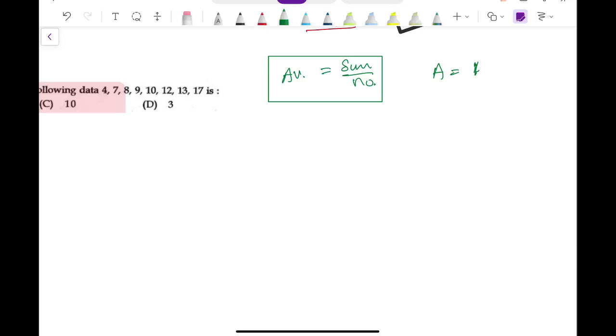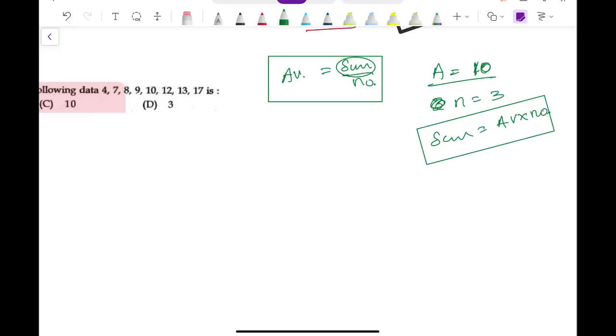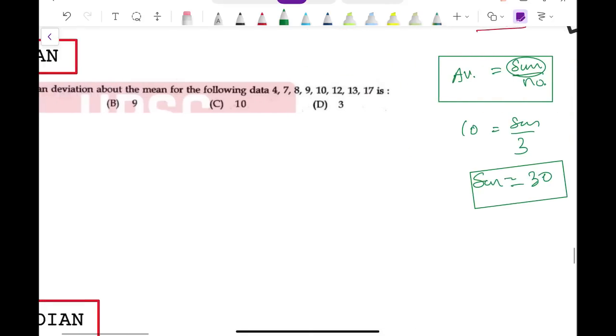The average of 3 people is 10. Then the sum of their ages is nothing but, if you want to find the sum, the formula will be average into the number of people. Average is 10 and the number of people is 3, so the sum is 10 into 3, which is 30. You can use that kind of approach.